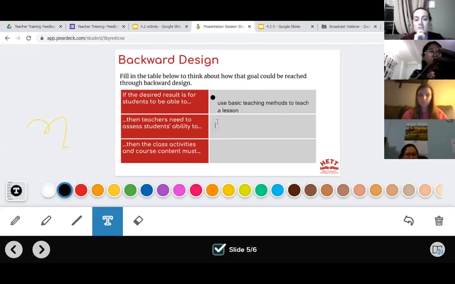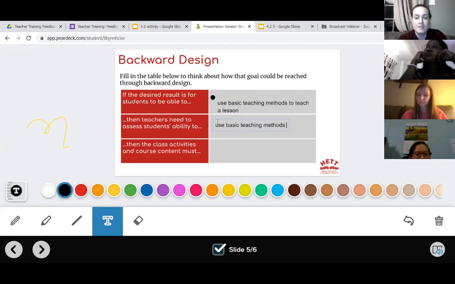Then teachers need to assess students' abilities to use basic teaching methods.